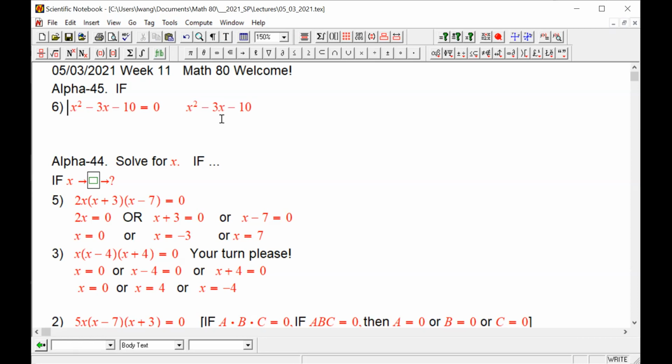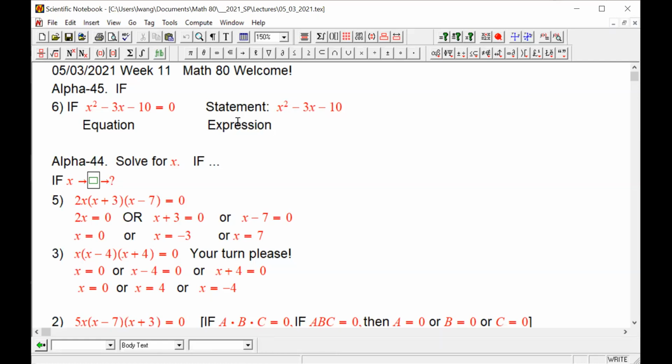Okay, so let me clarify. This is an if statement. And this one is just a statement. They're very different. This is the so-called equation, which you might have learned in previous experience, and these are called expressions.